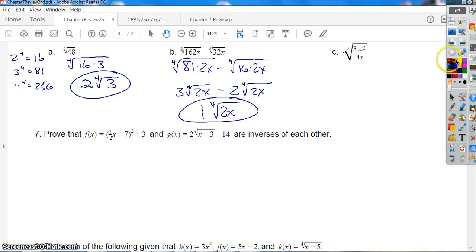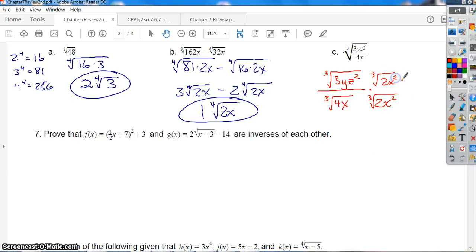All right? Over here, break it apart. 3y squared. None of those have cube roots. You cannot take the cube root of 4x. Now the smallest number you can take the cube root of is 8. So I need to multiply 4 times 2 so I can get that cube root out of the denominator. I can take the cube root of x cubed, so I need to multiply by 2x squared in order to get an x cubed on the bottom.